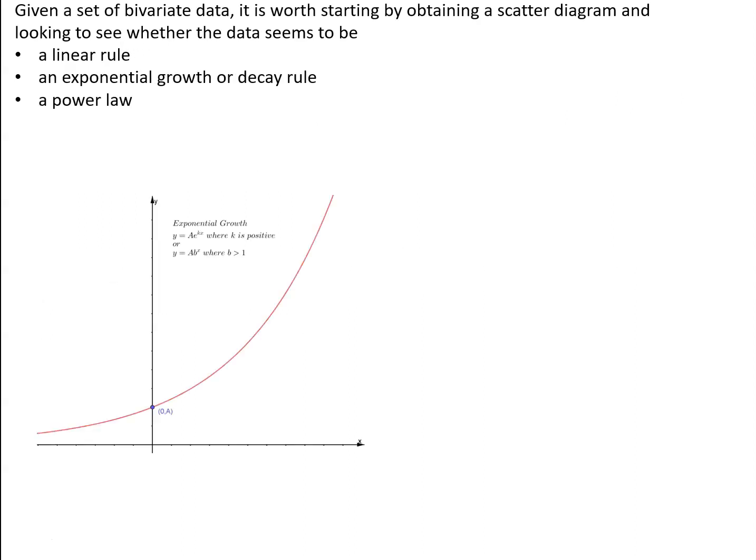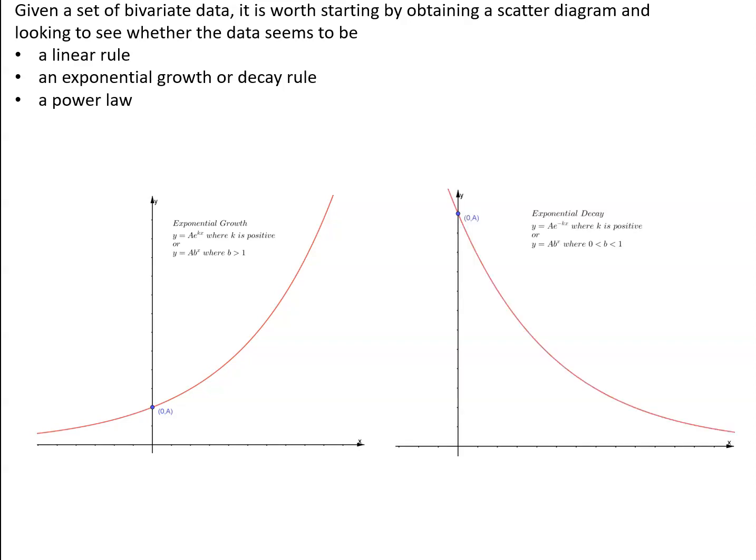So, an exponential growth curve looks something like this. It's growing rapidly. It's got a formula of the form y equals a e to the kx, where k is positive. Or we could write the formula in the form y equals a b to the power x, where b is greater than 1.